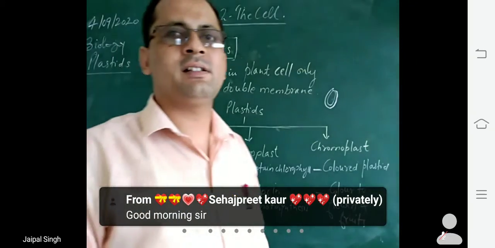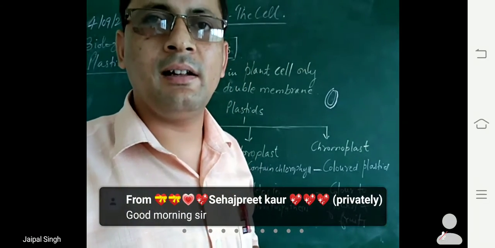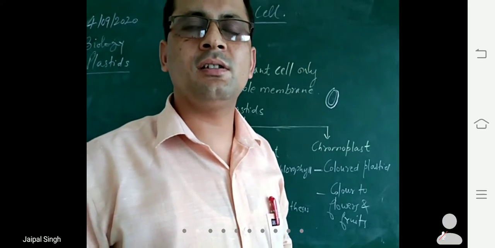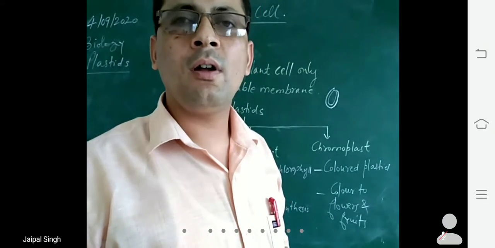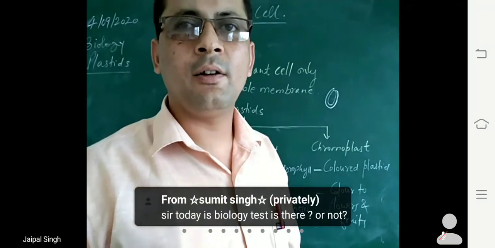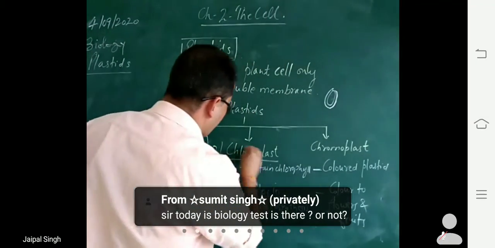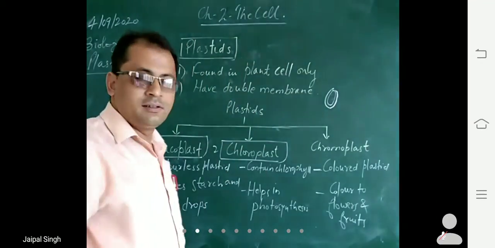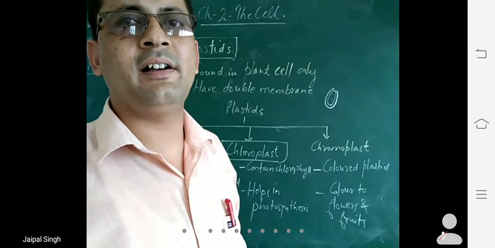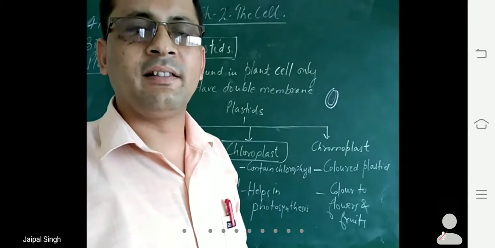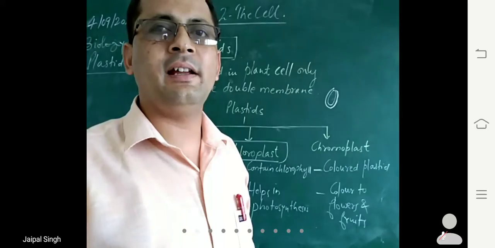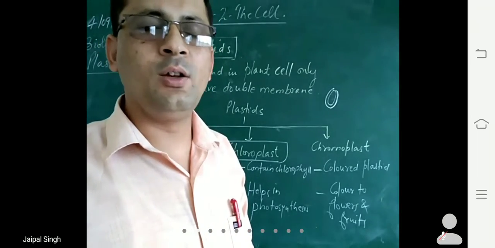So leucoplast is colorless. Second, its function is to store starch and oil drops. Clear? The second important plastid is chloroplast, and it contains chlorophyll, which you all know.